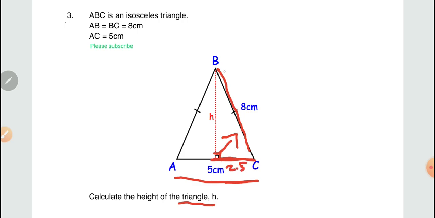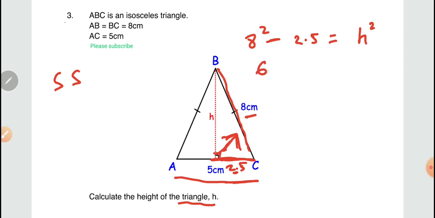So to work out the height, we'll do Pythagoras as usual: 8 squared, then the 2.5 squared, and the h squared, and so be equal. And remember, 8 was the longer side, the hypotenuse, so h must be one of the shorter sides. So for shorter sides we subtract, so we're going to take away.